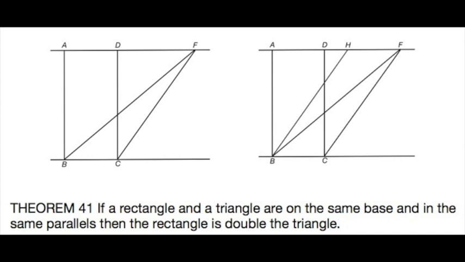The segment BF is a diagonal of the parallelogram, and the diagonal of a parallelogram bisects it because the two resulting triangles agree on all 3 sides. Thus, the parallelogram and hence the rectangle is double the triangle. This completes the proof of Theorem 41.